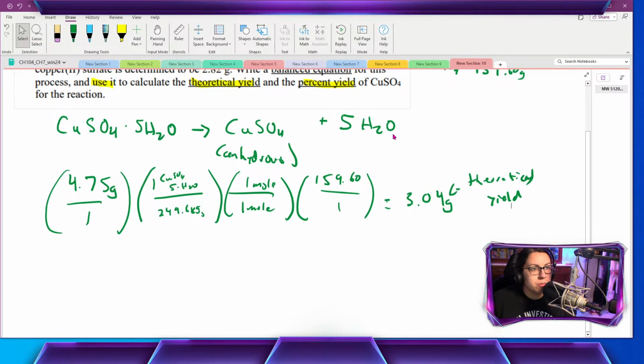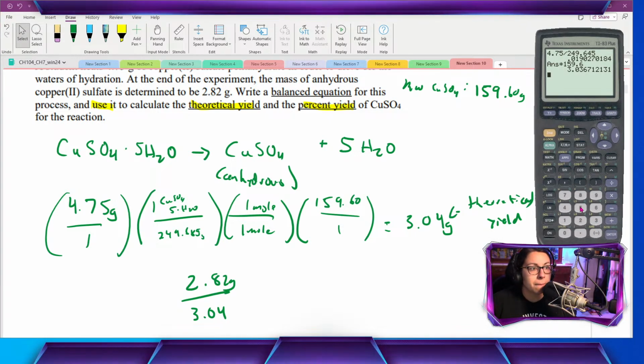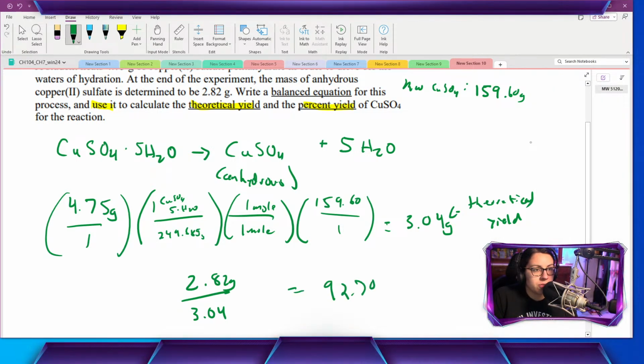And then we can find our percent yield, so just dividing what we actually got by that theoretical yield. And then we should get roughly 93%, and keep the 3 sig figs, so 92.7%.